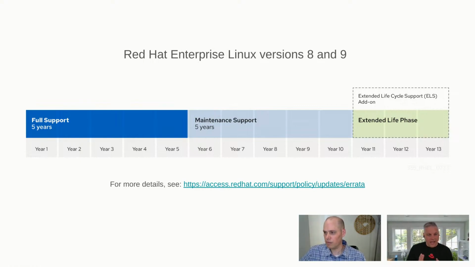Yeah. So after that first 5 years, we transition into maintenance support. And during maintenance support, one should expect critical and important security errata. So if there is a critical and important rated CVE, and that is rated by the Red Hat vendor adjusted CVSS score, if that occurs, then you should expect Red Hat to update that software and provide an update for you.